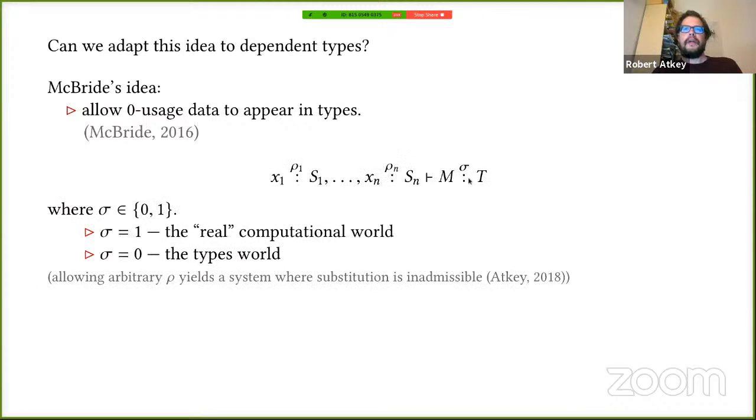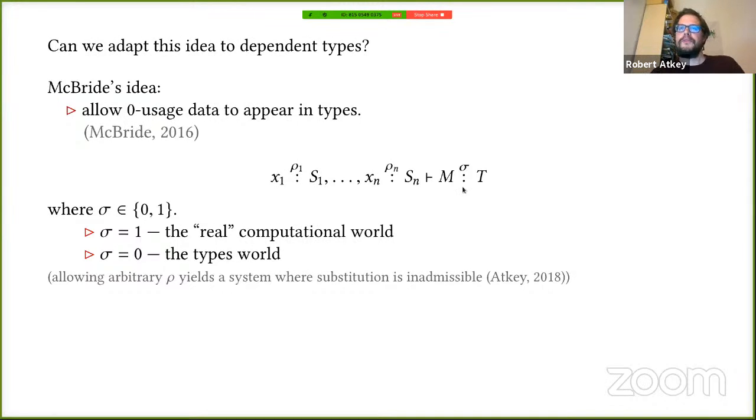This leads to the following kind of system, where we annotate the variables with how they're used, but now we can have dependencies, and the dependencies count as 0 usage. Because 0 plus anything is the thing we started with, using things in the types doesn't contribute to their computational usage.